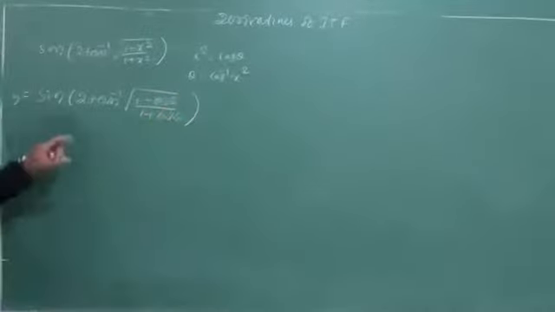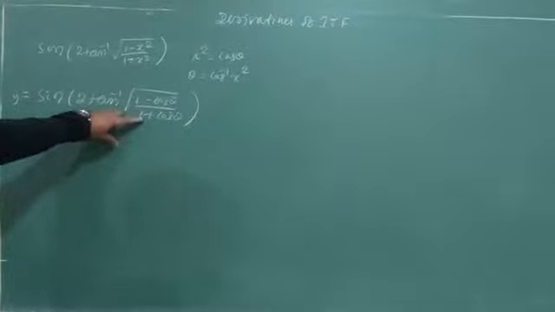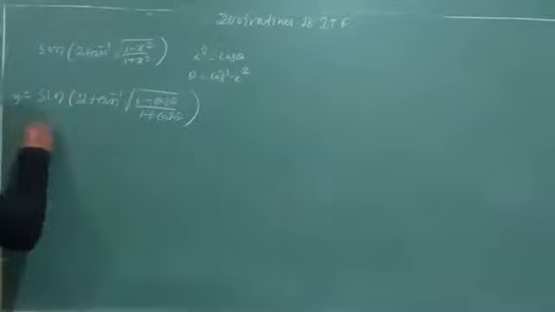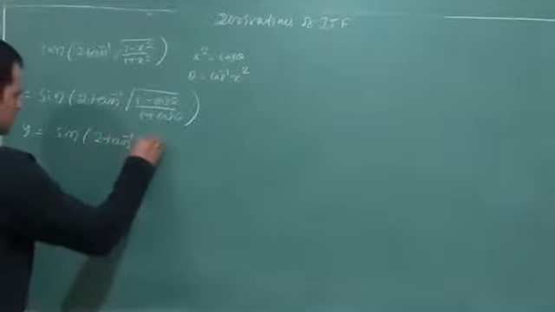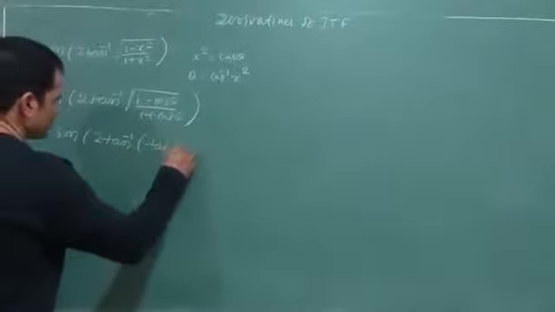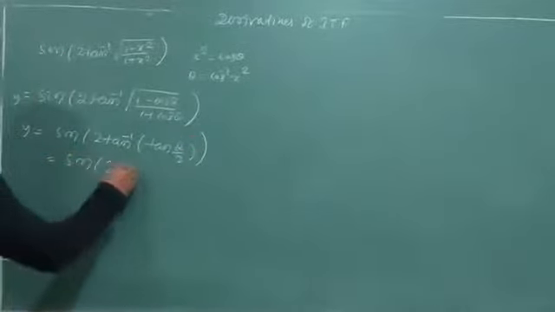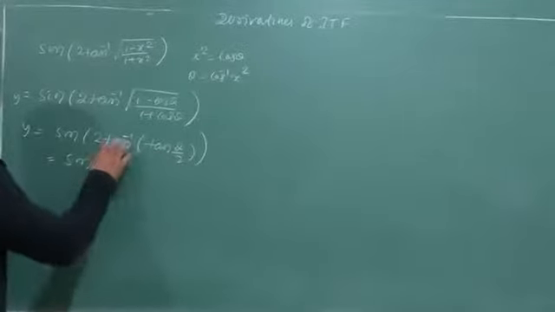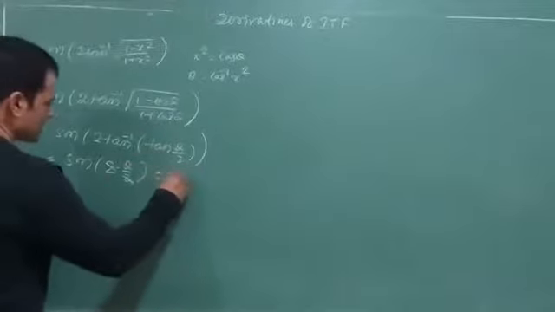So 1 minus cos theta is 2 sin square theta by 2, and 1 plus cos theta is 2 cos square theta by 2. That is tan theta by 2. So y is equal to sin of 2 tan inverse tan theta by 2, that is sin of 2 times theta by 2. What is it? Sin theta.